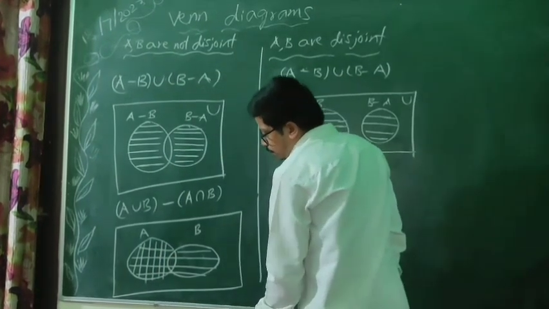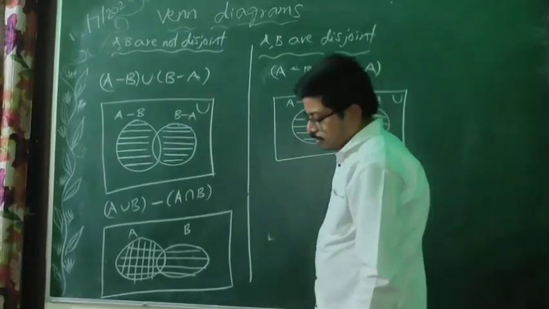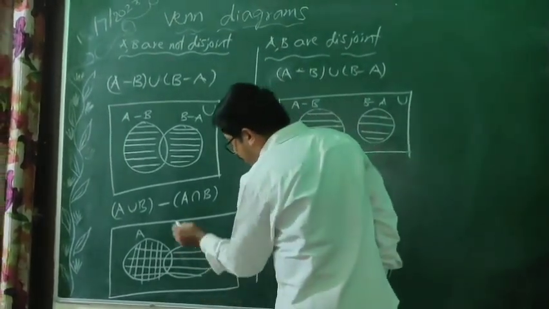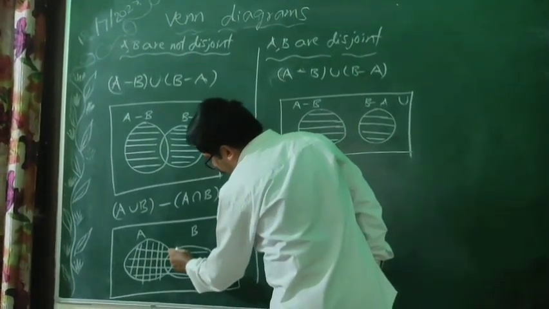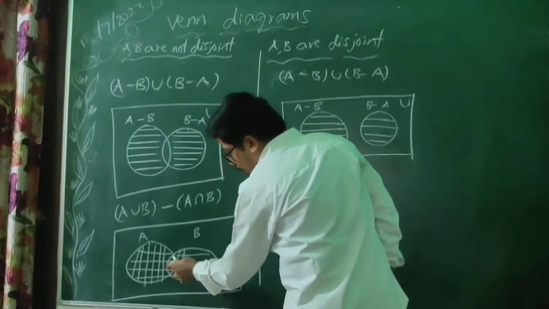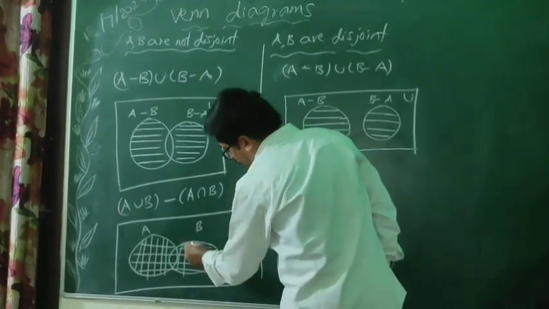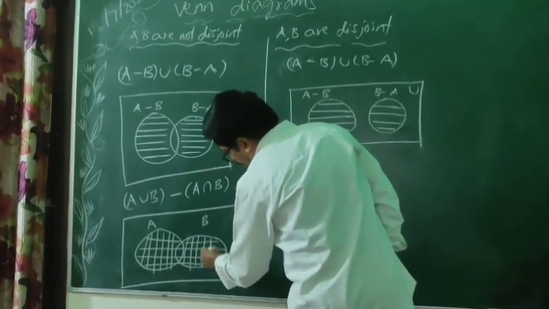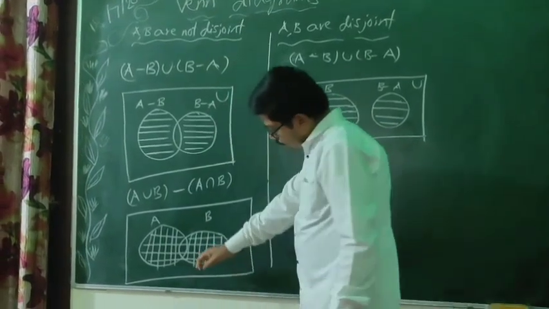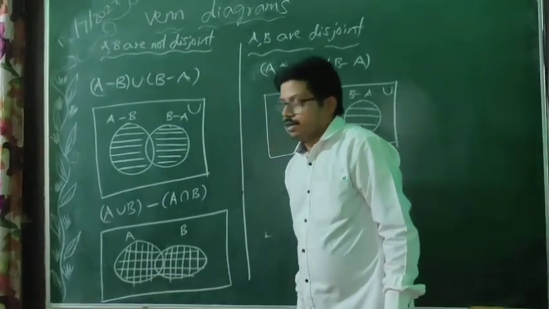So observe A union B with horizontal lines. For A intersection B, it is included in A union B itself, and for A union B minus A intersection B, I have not covered the vertical lines here.